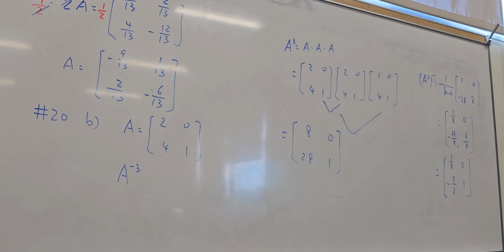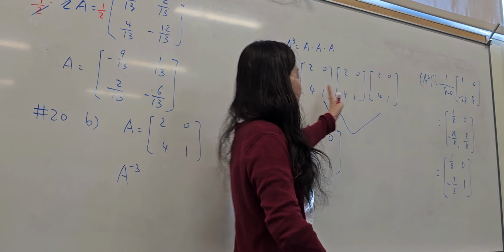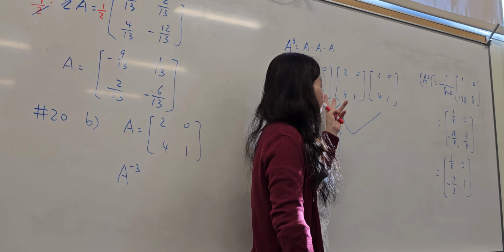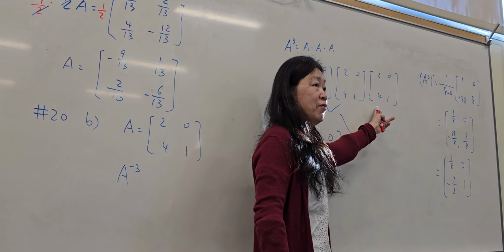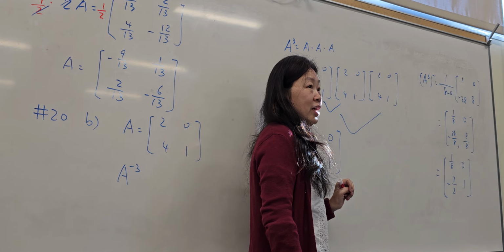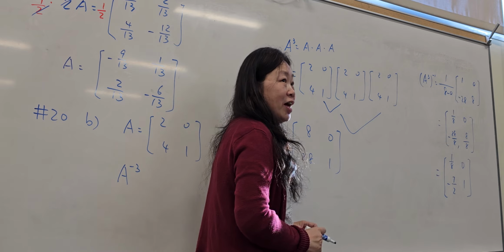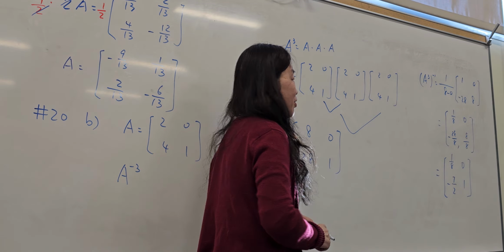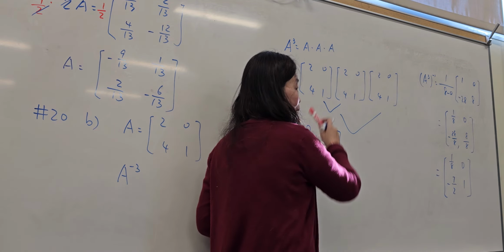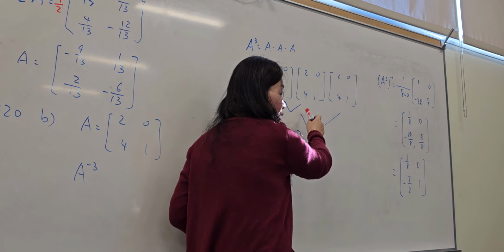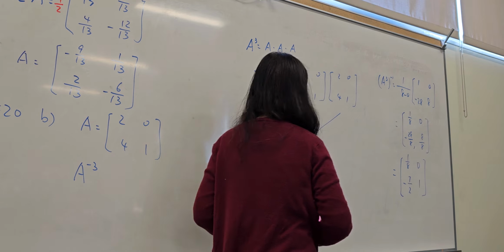Why is it 20? Why is it 28? If from multiplication, you multiply all three together. You multiply these two first, and then use the final product to multiply that one. So 4 times 4 is 16. No, that's not how you multiply. Remember, matrix multiplication is row times column.